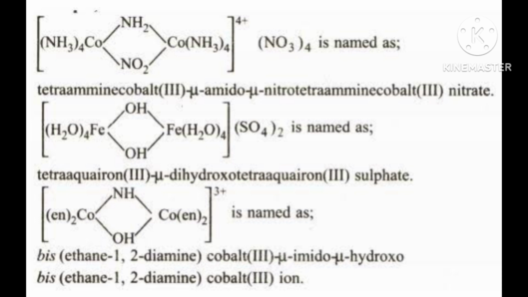Then dichloro, and because PPh3 is in 2 number, whole 2 is there, that's why you will use the term bis, BIS, because PPh3 is in 2 number. Then bis you have used.